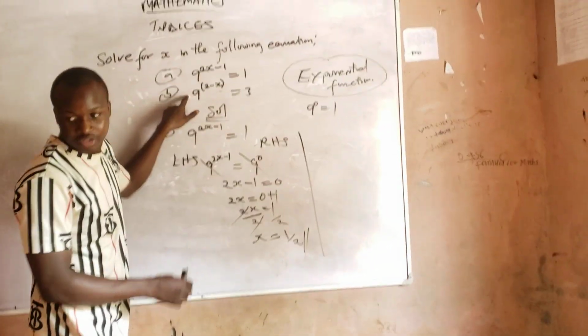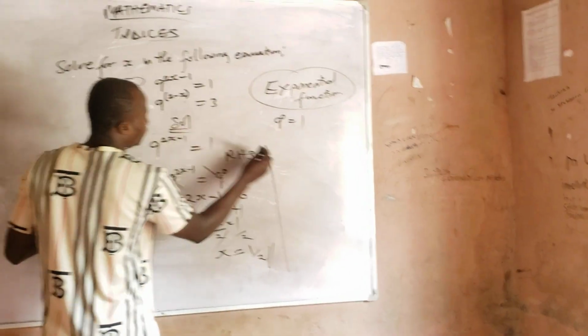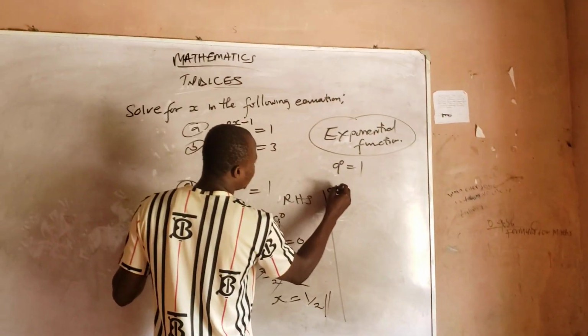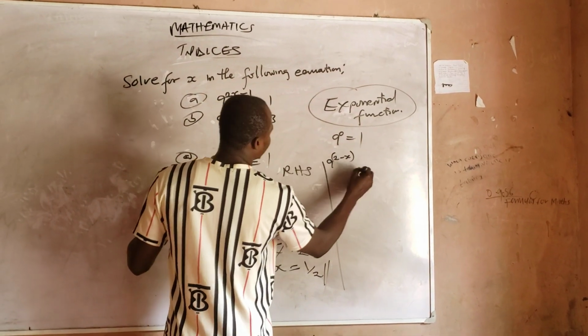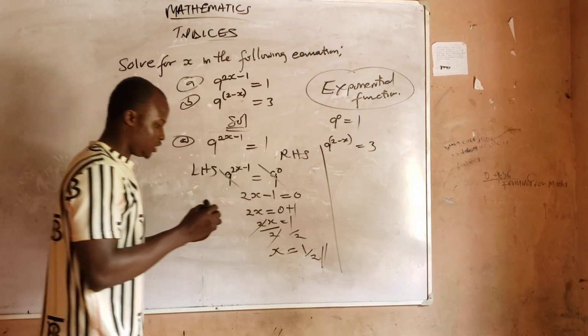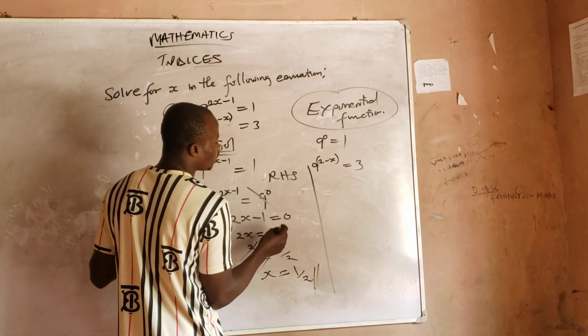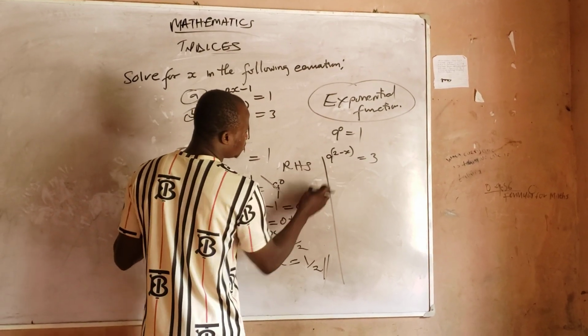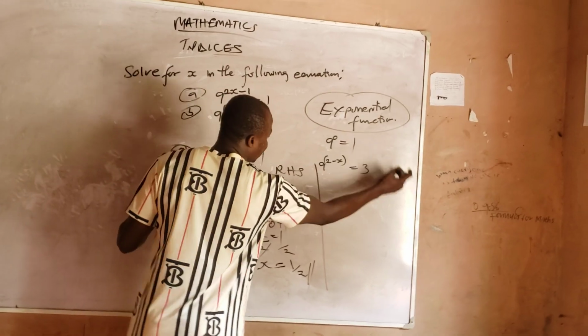Now, look at this. We have 9 raised to the power 2 minus x in brackets is equal to 3. It's still the same thing. This is the left hand side and this is the right hand side.